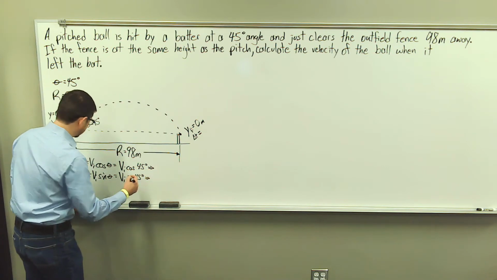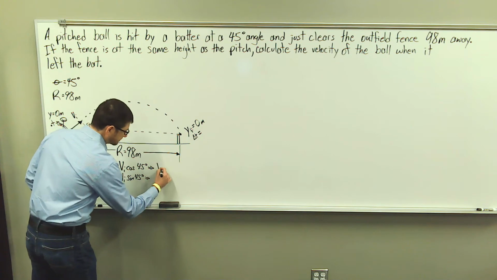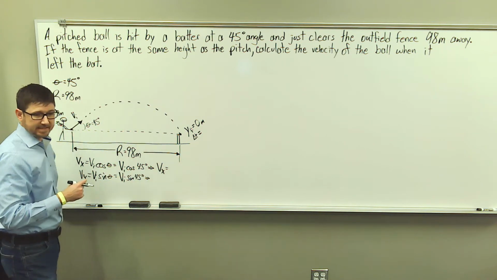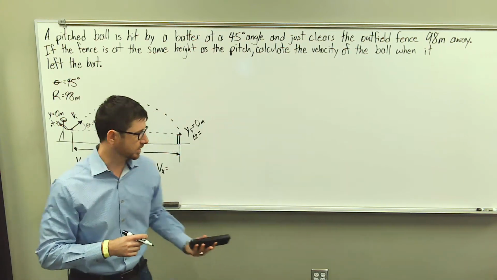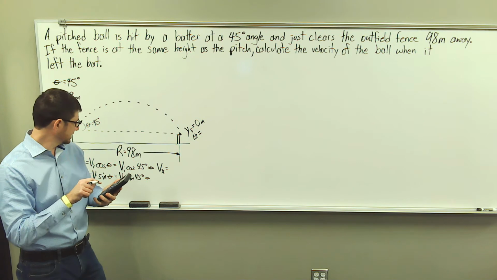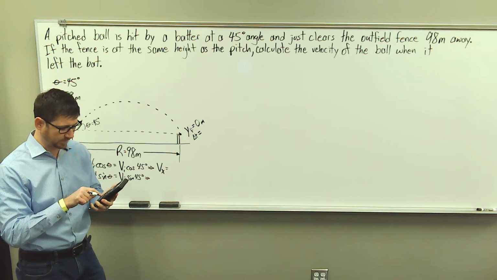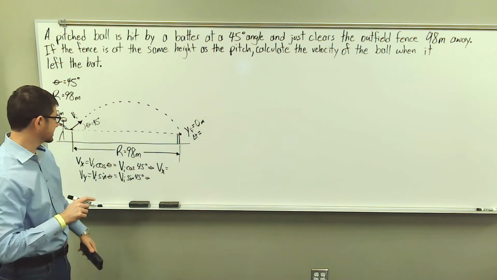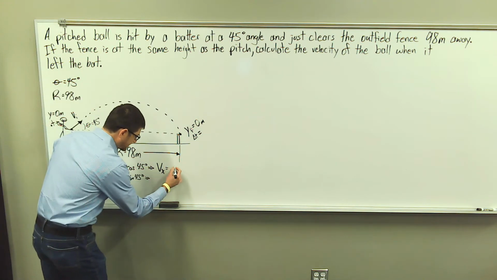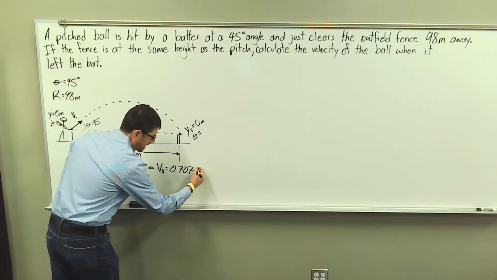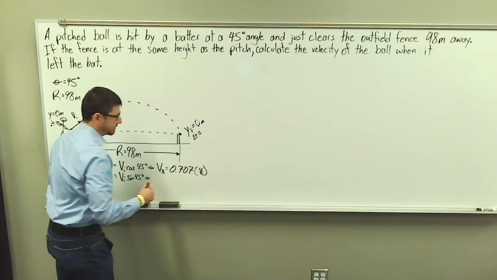So what we have here is velocity in the x direction is equal to, let's see what cosine of 45 is, square root of 2 over 2. Let's get the decimal value. I have 0.707. And so we can say 0.707 times our initial velocity.